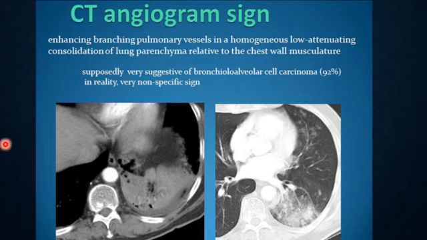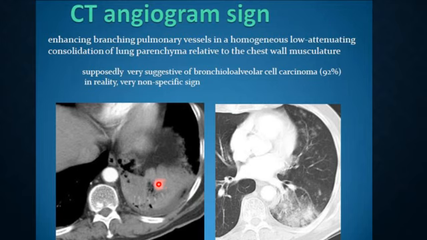However, in theory it has high specificity for bronchoalveolar cell carcinoma, but in practice it does not. So don't depend on it. Try to look for other clues that might help you. We see this sign all the time. If this was specific for bronchoalveolar carcinoma, most of the people that have CT scans would end up with a diagnosis of bronchoalveolar carcinoma, which is not the case.